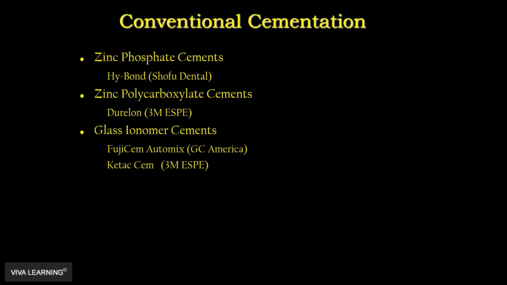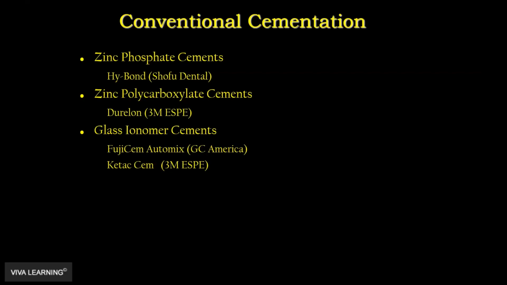I have colleagues and friends that like glass ionomer cements, still use them, still love them. Their ease of use, their moisture compatibility, their fluoride release, both for marginal protection and antimicrobial benefits. There are a lot of great things about glass ionomer cements.